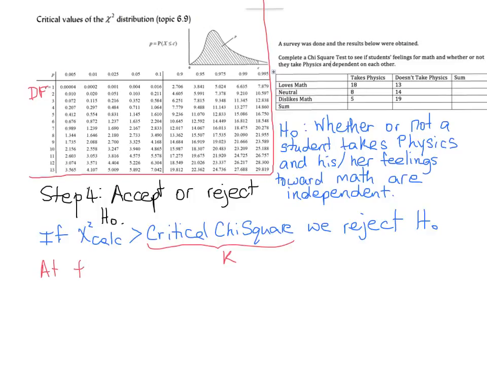At the 5% significance level, there's only a 5% chance that my results for my test would be incorrect. So I'll have 95% confidence that my test is accurate at this level.